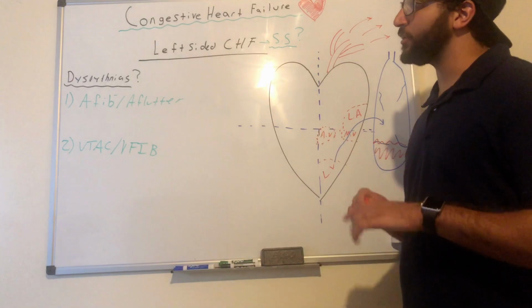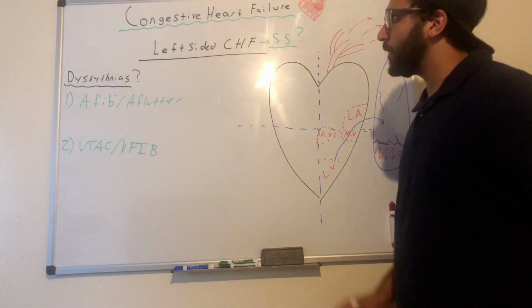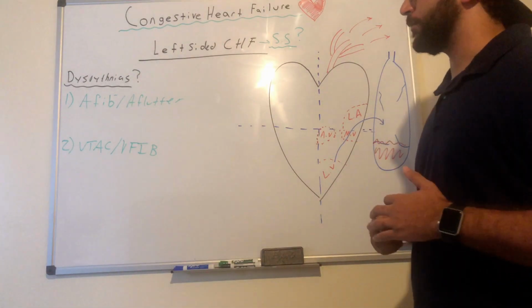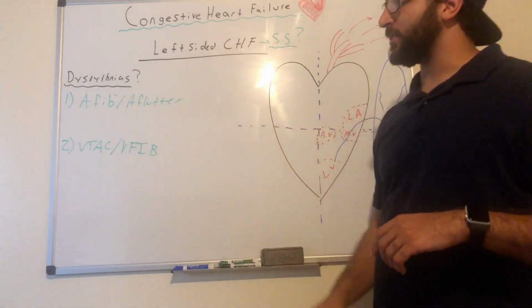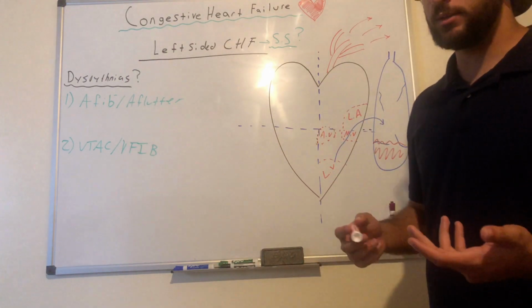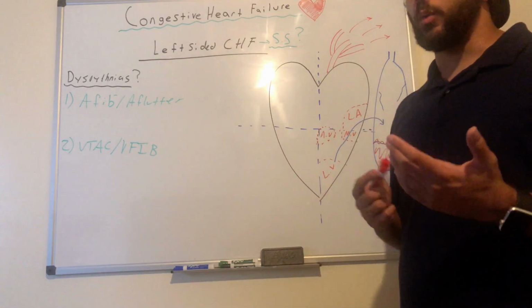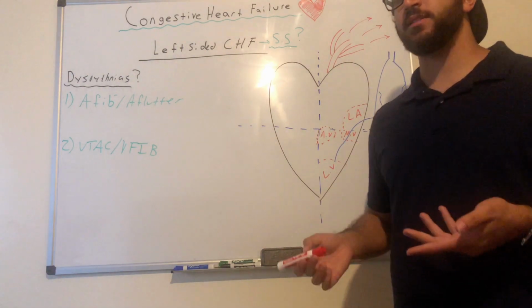Okay, so it's important to talk about the dysrhythmias that are associated with left-sided CHF or right-sided CHF. But let's talk about left-sided CHF. In left-sided CHF, a dysrhythmia that could be caused is atrial fibrillation and atrial flutter. Well, how does AFib, atrial flutter occur when a patient has left-sided CHF?